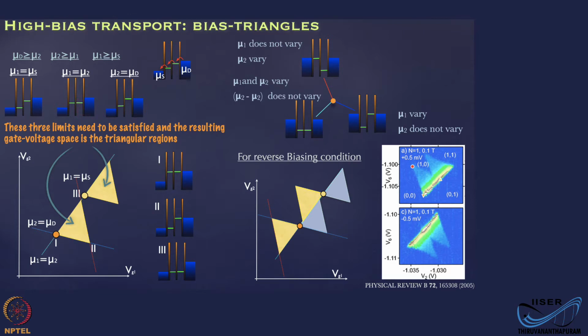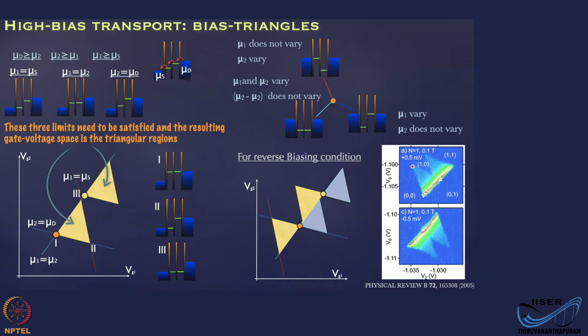That means the gate for mu2 should be more negative or less positive. So the area in this region. Now we have three conditions: mu2 equal to mu d, this line; mu1 equal to mu s, this line to the left; above this line, and to the right of this line. So you have these three conditions met together.